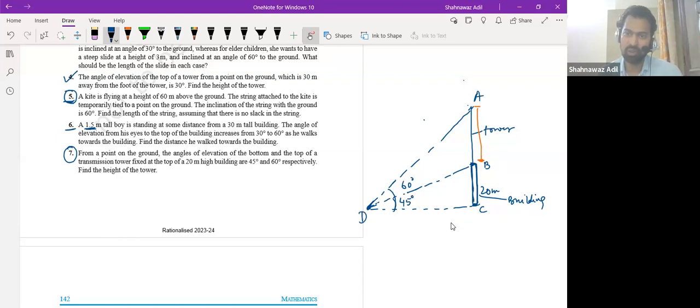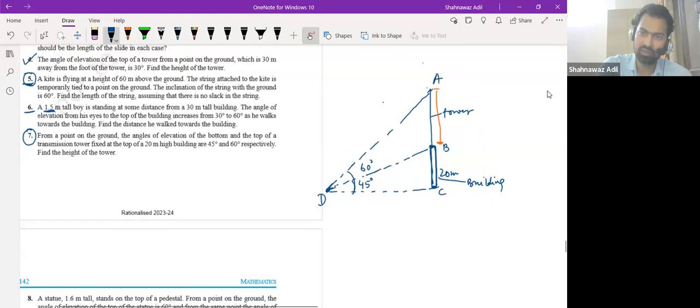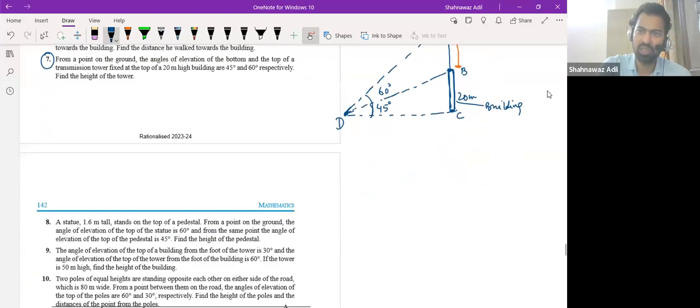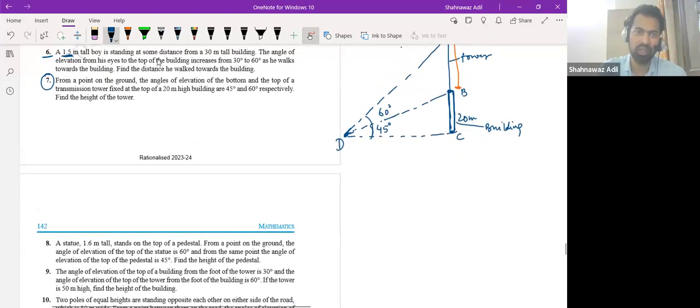Firstly, which triangle will we take, Aisha? I will take the triangle BCD. Good, let us take the small triangle. In all these questions, we have to find the common distance.